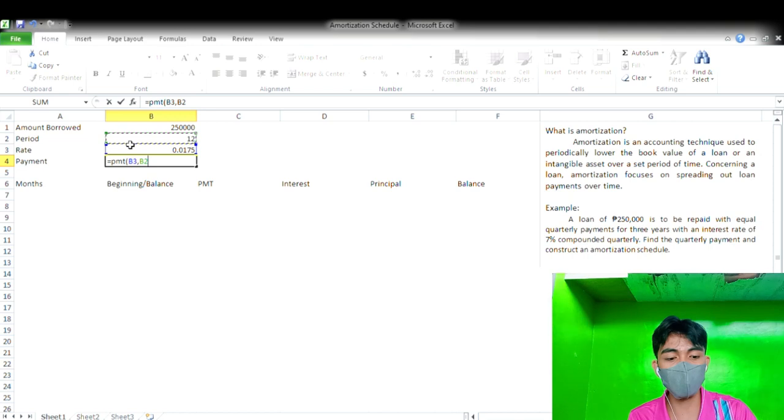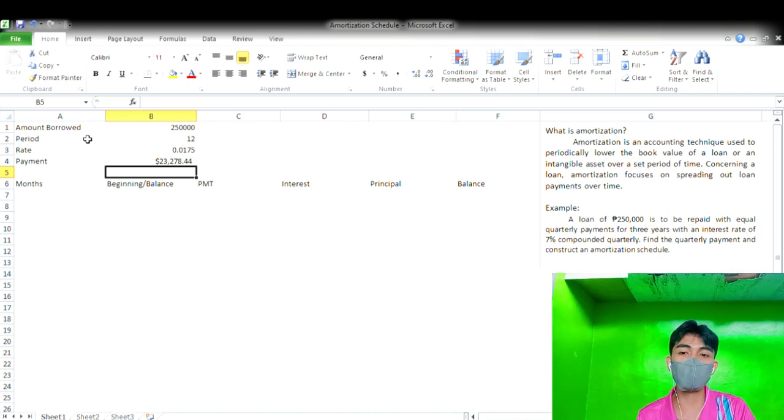Let us put a negative sign in our present value so that our final answer here will not be negative. Then 0. Then close parenthesis. Alright, so our regular payment is 23,278.44.